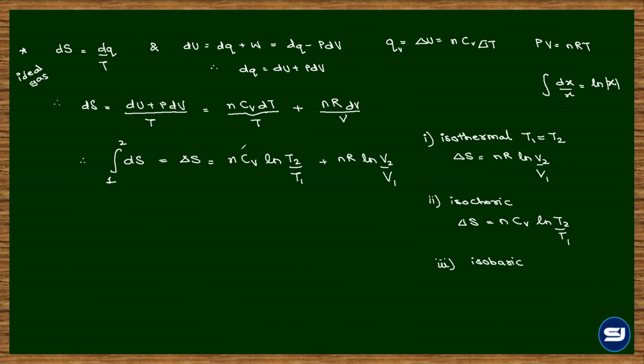If you change this Cv in terms of Cp, the other relation is already given: n Cp ln T2 by T1 plus R ln P1 by P2. In isobaric, P1 equals P2, so after the second term vanishes we get n Cp ln T2 by T1. And for adiabatic, Q is 0, so delta S is equal to 0.